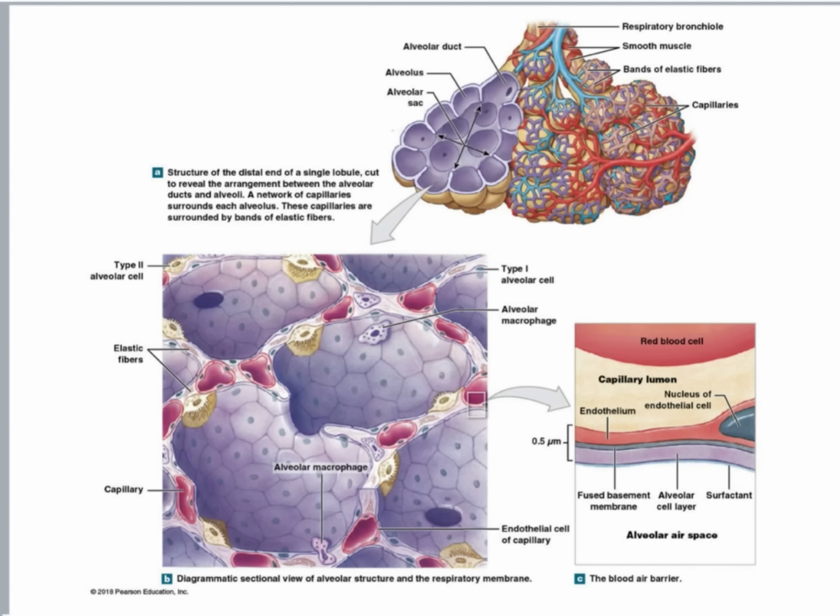Now, I just mentioned the walls of the alveolar sacs are made of simple squamous epithelium, so a single layer of squamous cells, but these cells receive the name of type 1 alveolar cells. Now, scattered among the type 1 alveolar cells, we have another type of cell called type 2 alveolar cells. And the type 2 alveolar cells are responsible for secreting surfactant.